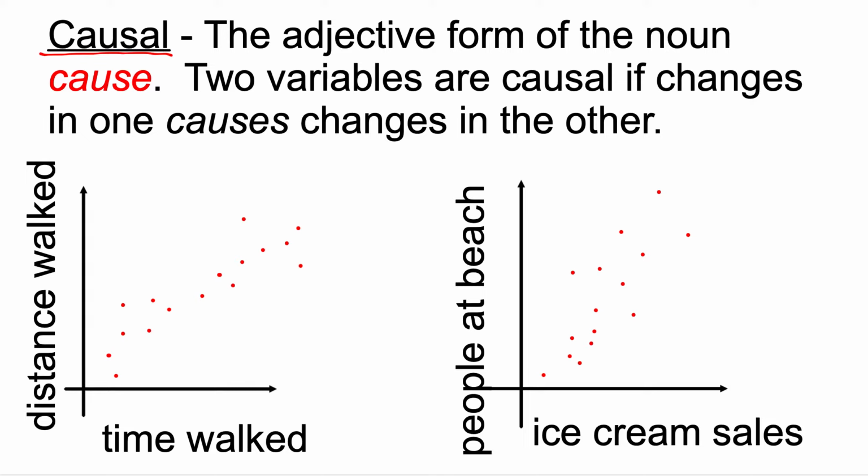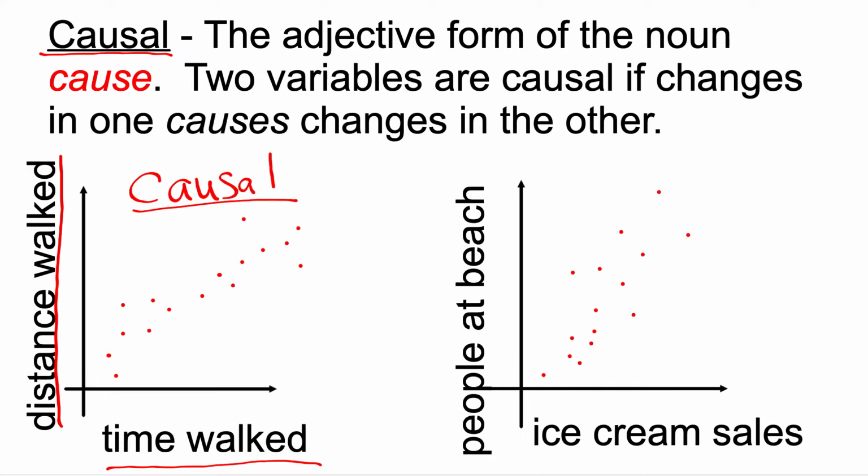Do changes in the time you spend walking cause changes in the distance you walk? Well, yes, this one here is causal, because spending more time walking does cause greater distance walking.